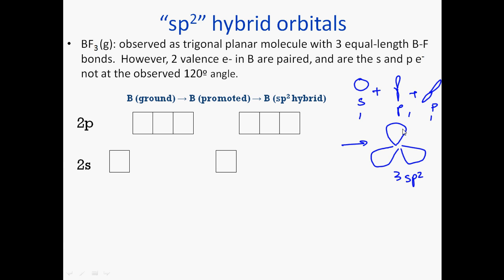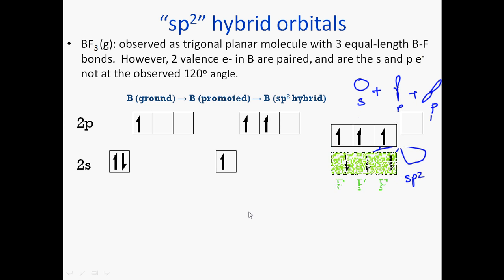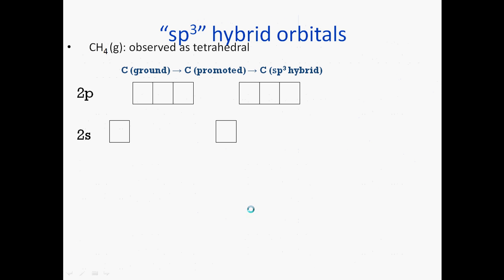You can see it's not quite as spherical as s, but it's not as thin as p, so the shape is in between the two, and the shape is more like a radiation sign. And because there are three orbitals here, they tend to be at 120 degrees from each other, in a trigonal planar arrangement. And you can see how the BF3 molecule is formed here by overlap of sp2 hybrid orbitals.